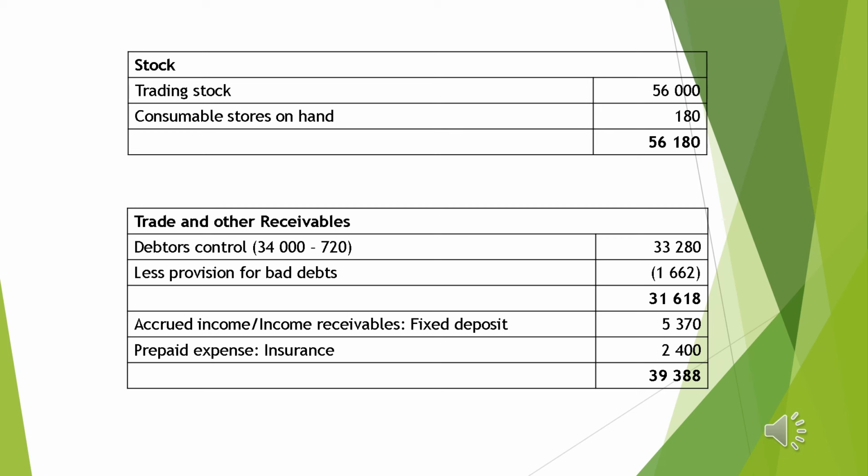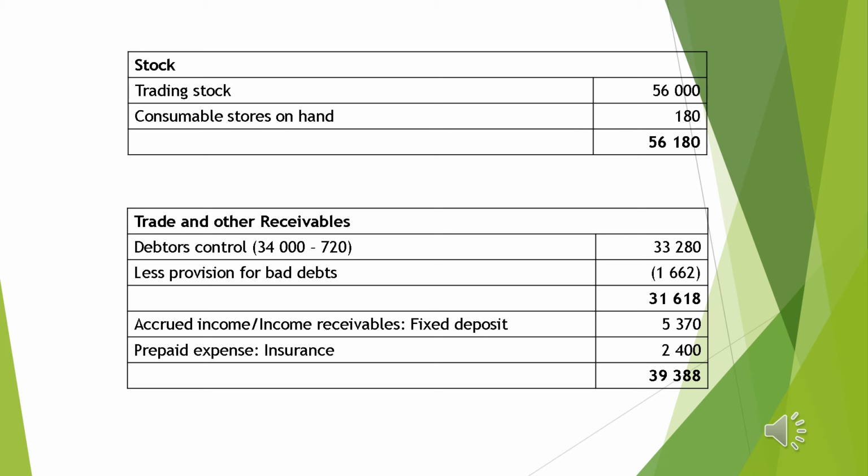Then let us look at your debtors control. Again, with trade and other receivables, you are still looking at your current assets. Let us first look at trade debtors, because we have two types: trade debtors and other debtors, or rather trade and other receivables.